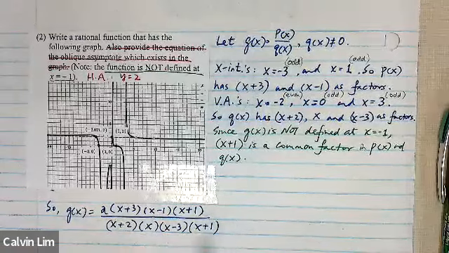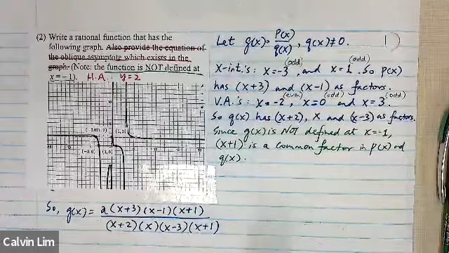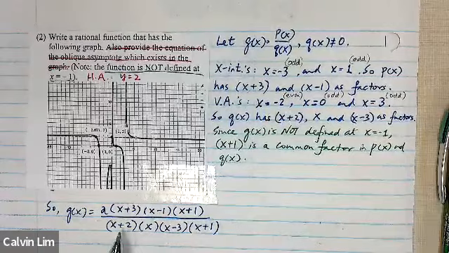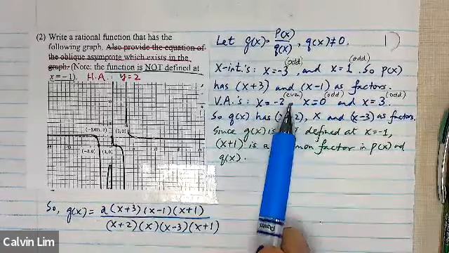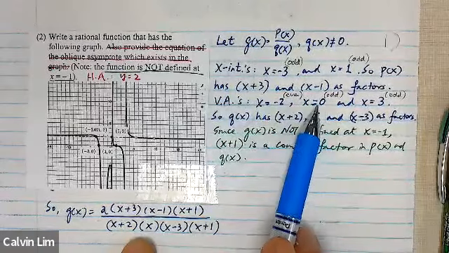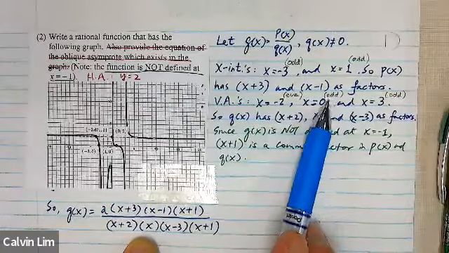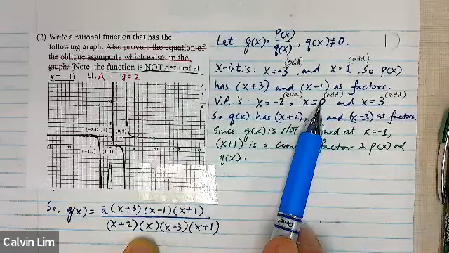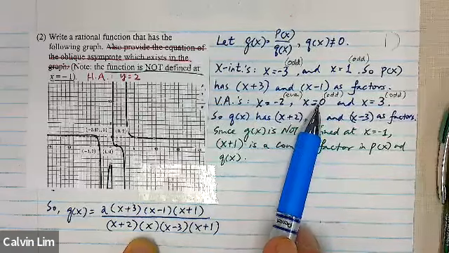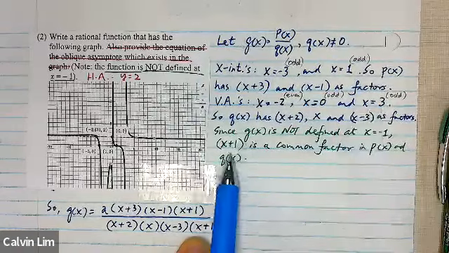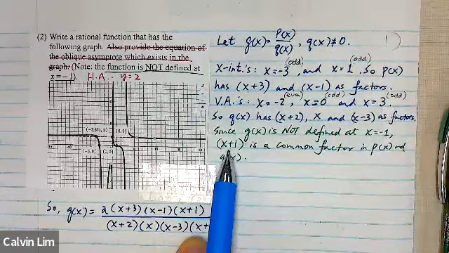So bear in mind, always use the lowest degree. Now, with respect to this, the smallest positive odd number is what? 1, right? Okay.